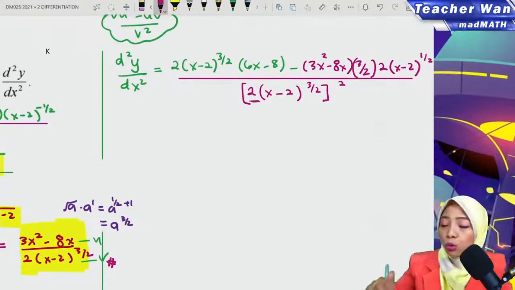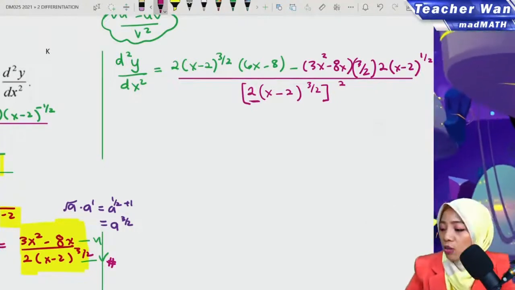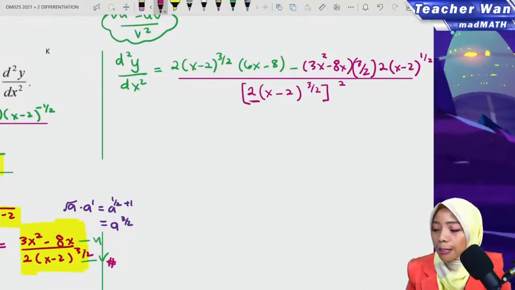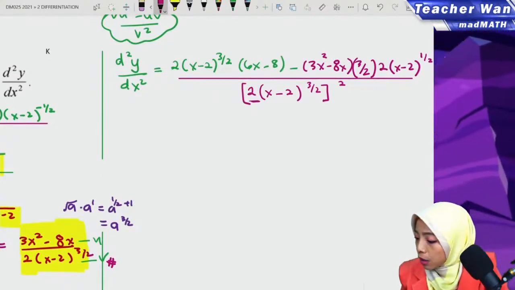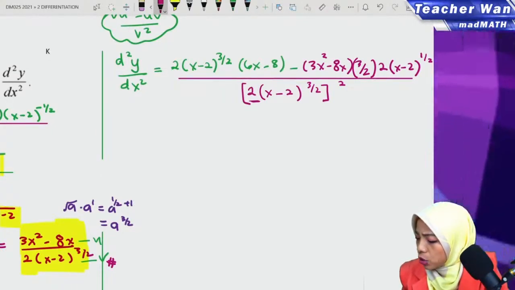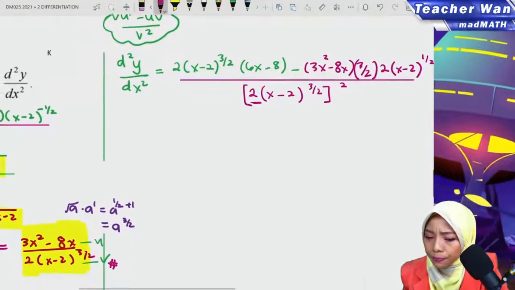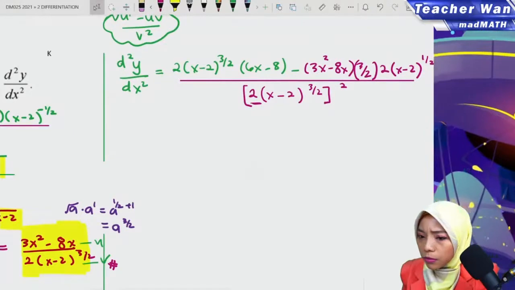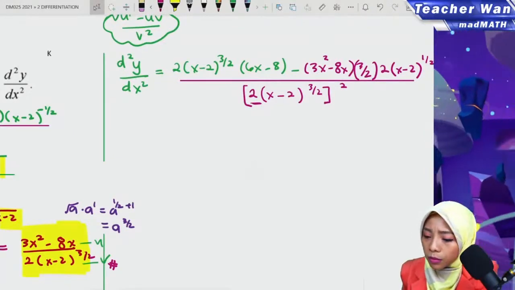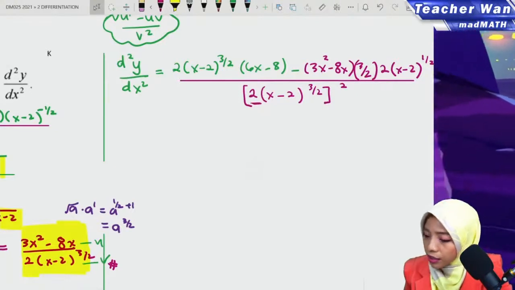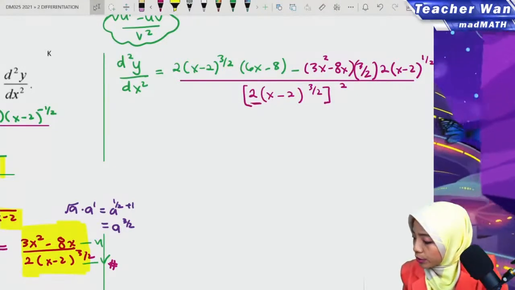You have to square the constant 2 first to get 4, then only you can cancel with the denominator. Let me check whether it's all good. So far it seems all is well.